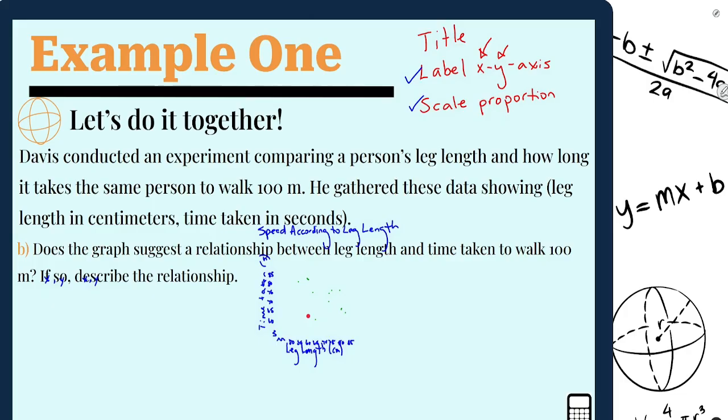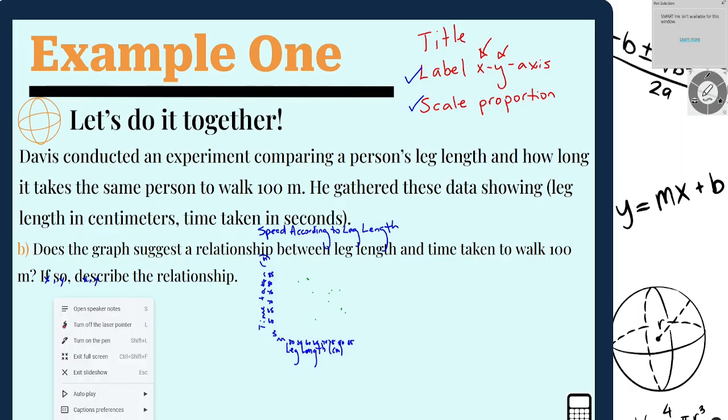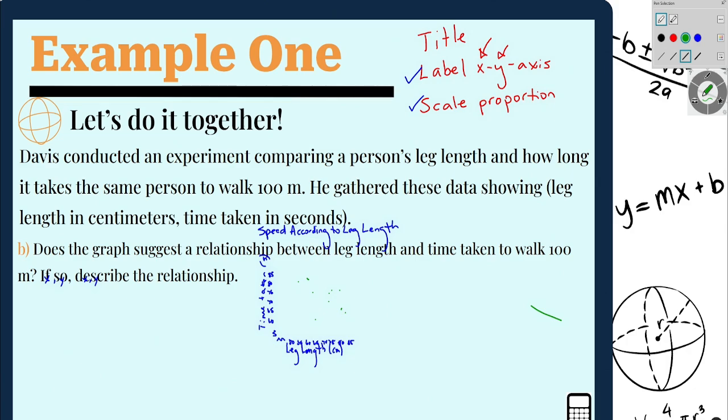But for the most part, I can say that I have this shape. And now I can see if I were to make this line, make this shape here, we can see that because they're fairly tightly close together and a shape is noticeable, that there is a relationship between leg length and time taken to walk 100 meters.